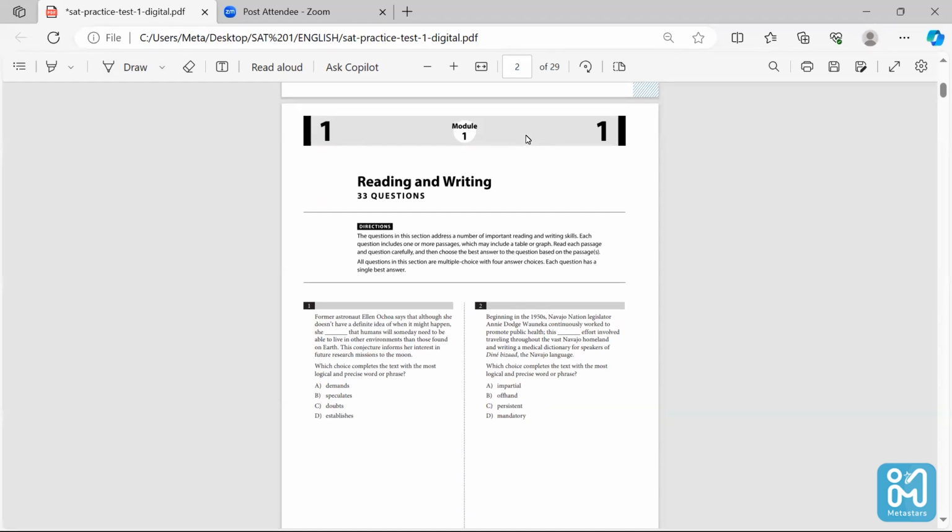Each module has 33 questions, which is not exactly the official test, because the official test, if you remember, has only 27 questions, and you get only 32 minutes, which means each of these 27 questions is about 1 minute and a few seconds.